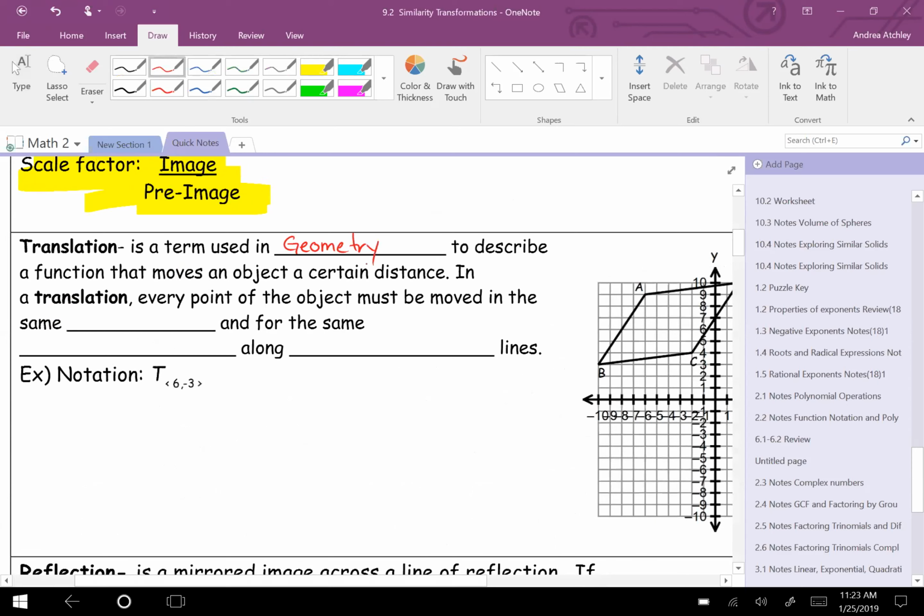In a translation, every point of the object must be moved in the same direction and the same distance along parallel lines.